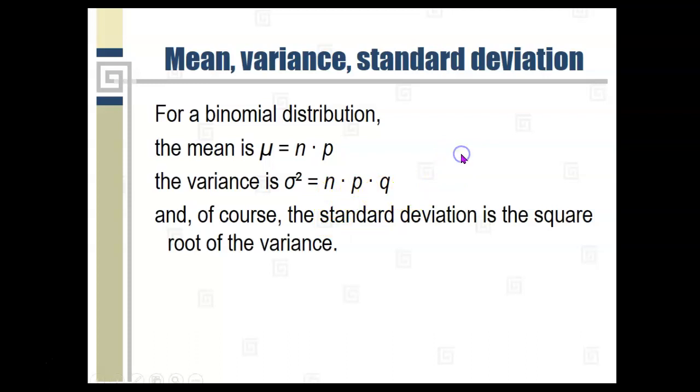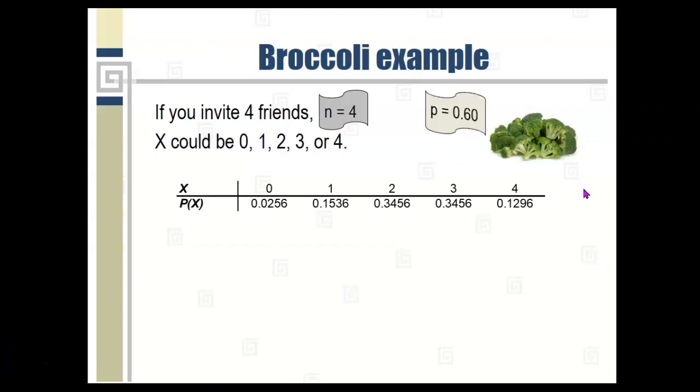So for example, if you go back to my silly broccoli example about inviting 4 friends over, the number of friends who actually like broccoli could be anywhere from 0 to 4. And this is what the probability distribution looks like. And we've learned how to take any probability distribution and calculate the mean by taking each number times the probability that goes with it and adding those together.